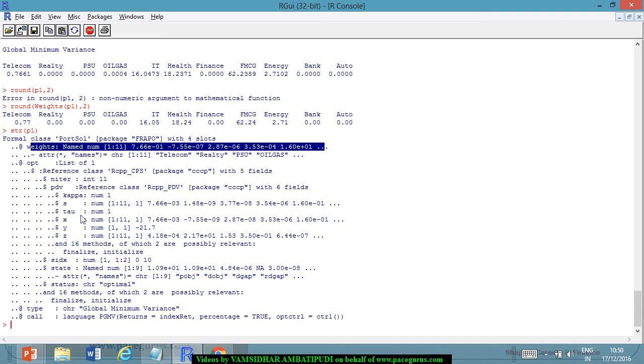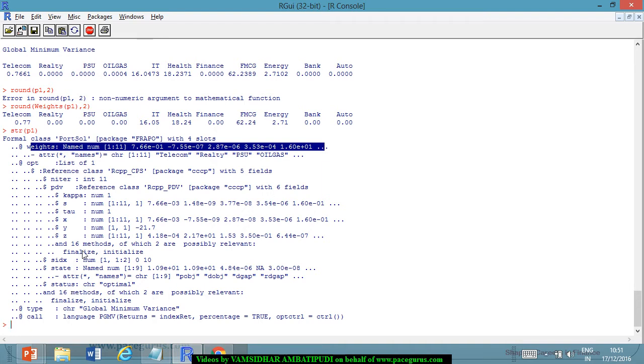Then I could see the mechanism that it has typically followed for executing the same, right? It has gone ahead in terms of minimizing the overall variance of the portfolio, and I could see here the various steps that have gone ahead. You could see that there are 16 methods that have been tried and 2 of them are possibly relevant.